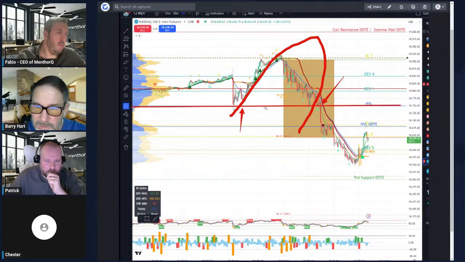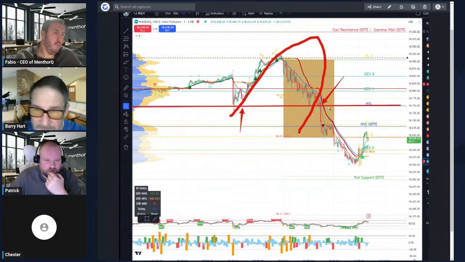Well, I was like, oh, this looks like a JP break, but look here, we got an HVL level. How convenient is that? There's a JP break, but there's also a break at the HVL level. And so I said, all right, my risk is going to be GEX1. If I take a short at that level and it reverses to GEX1, well, something's going on and I don't understand what it is.